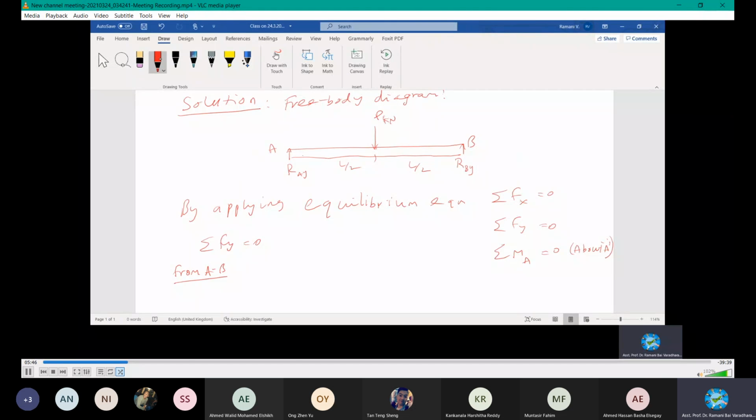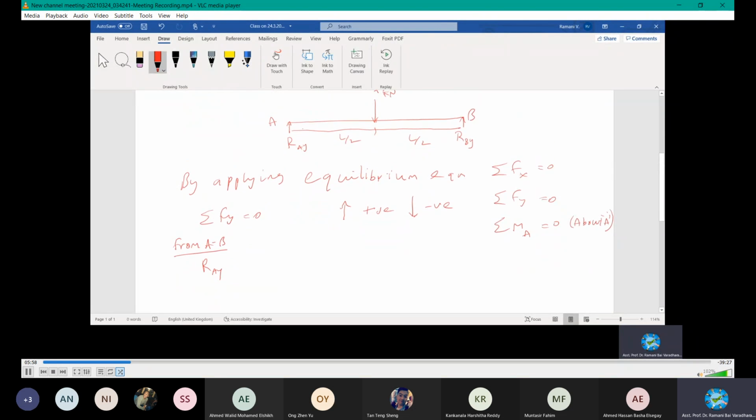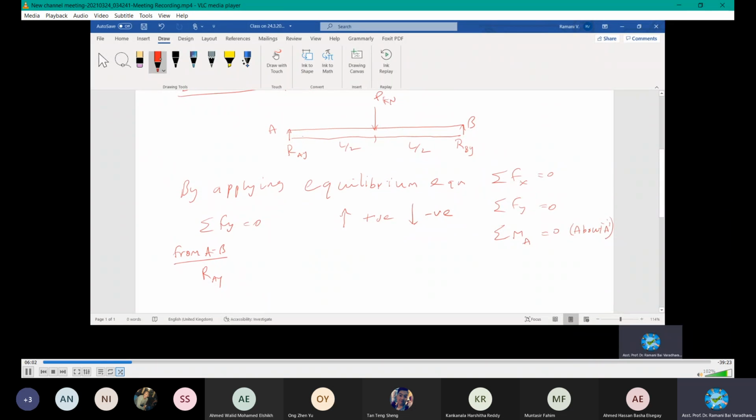If you solve, start from A, which is RAY, and then follow the sign convention: upward is positive, and downward is negative. Accordingly, I will have RAY positive, then the downward load negative, and then the last is RBY, which is upward, again positive.